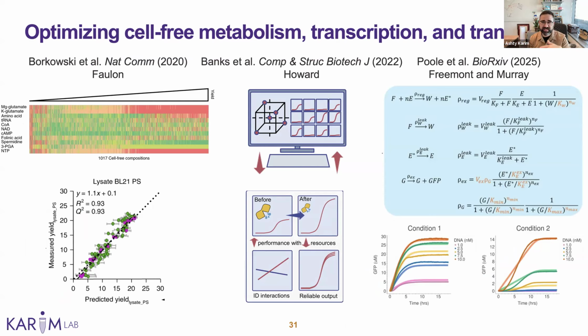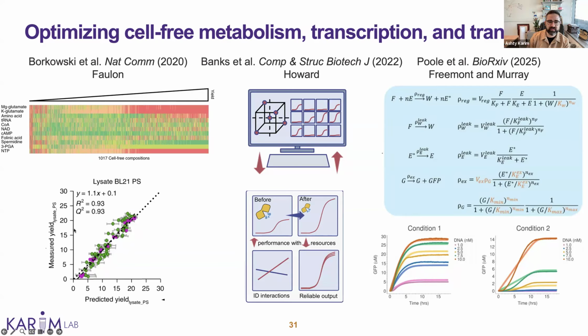And so over the last several years, there's been a lot of really cool work combining modeling, artificial intelligence, and our ability to screen cell-free systems to optimize pathways, or really try to understand transcription and translation and the system as a whole.